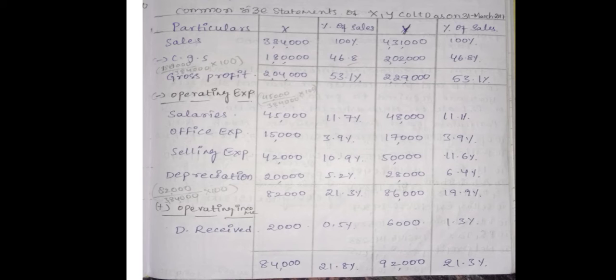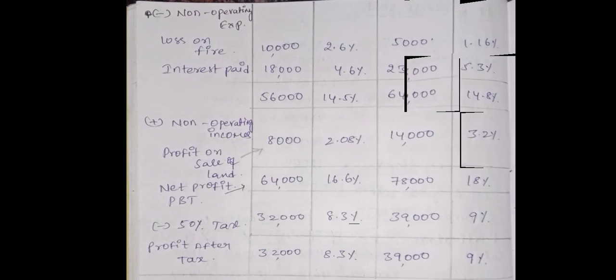So this is the common size statements of X and Y Coal Limited up to operating incomes. Now we have non-operating incomes and non-operating expenses also here.